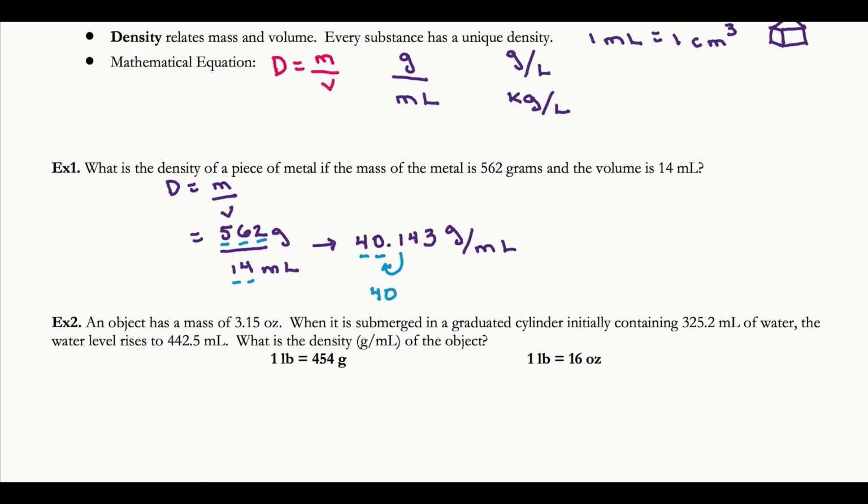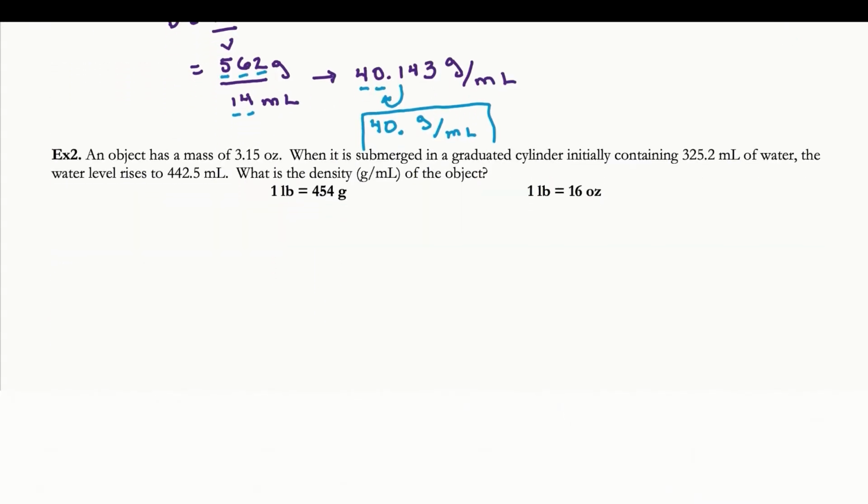I want 2 sig figs, but if I just write 40, then that would be 1 significant figure. So what I'm actually going to need to do is put a decimal place so that now I can count from left to right so that the 4 and the 0 are significant. And my units are grams per mL. Okay? And that's my answer. Okay? Let's look at the next practice problem.